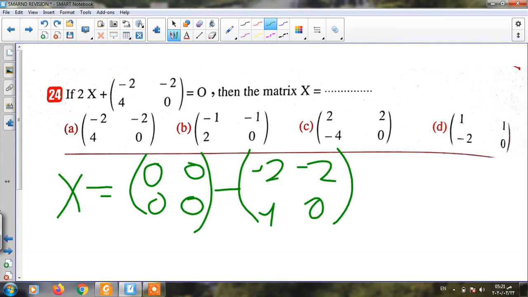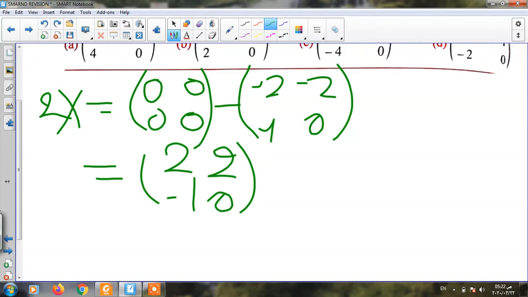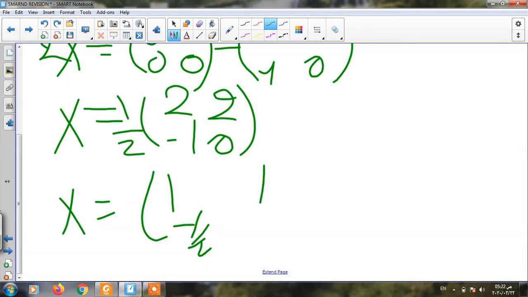Let's find the result and then divide by 2. 0 minus negative 2 is going to be 2, 2, negative 1 and 0. Divide by 2 or multiply by half to get x. It's going to be half times 2, 1, negative half, 1 and 0.